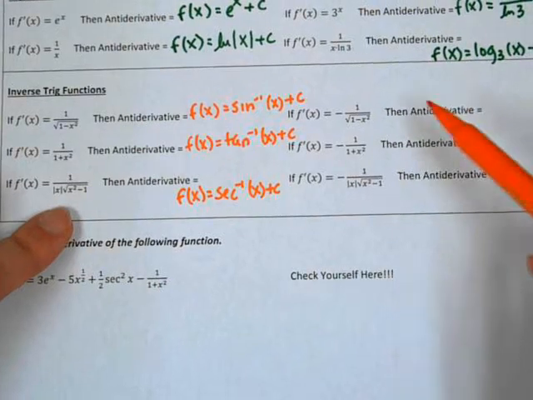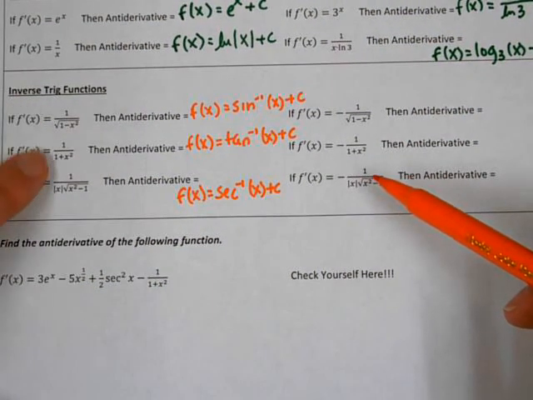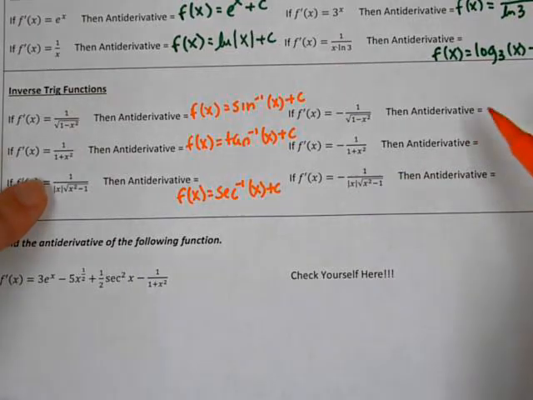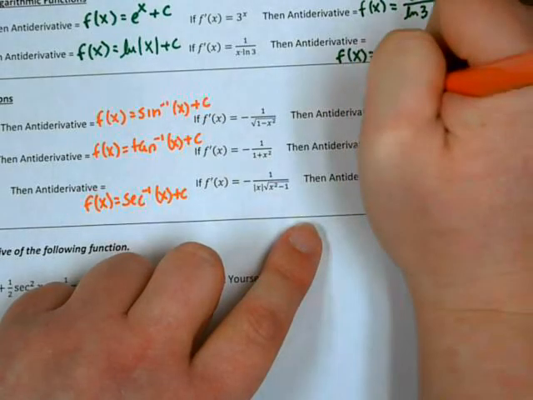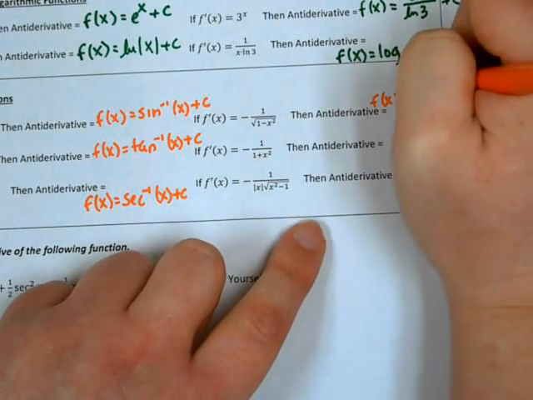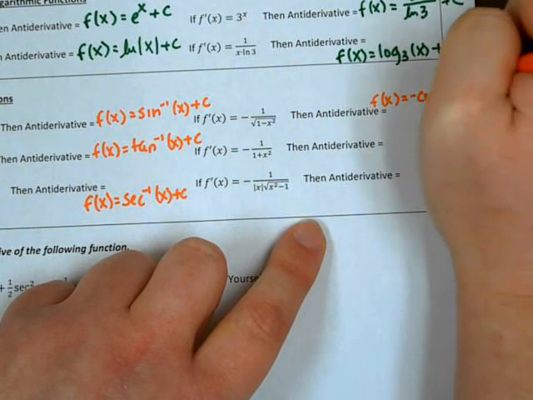And then every single one of these over here is just the negative of all of these 3, which means these are all of my co-functions over here. So for the first one, it's f of x equals negative cosine inverse of x plus c.